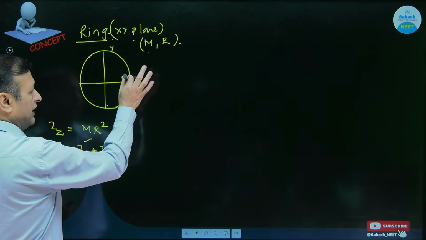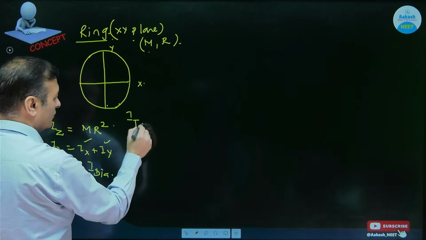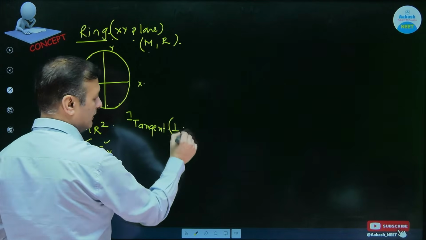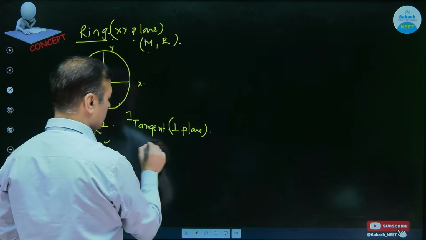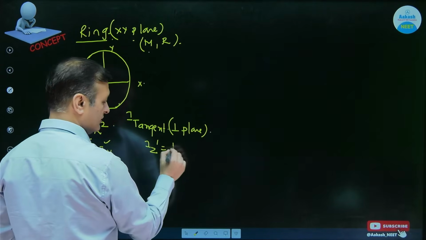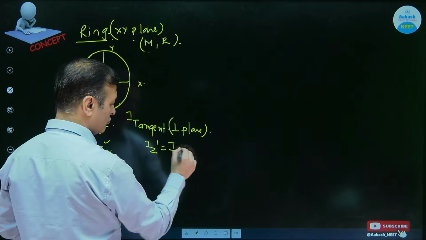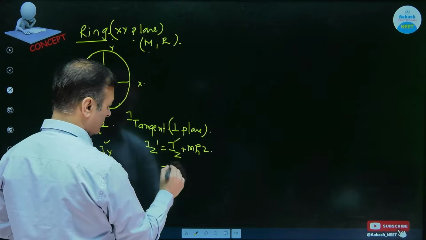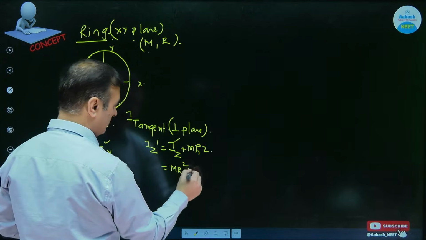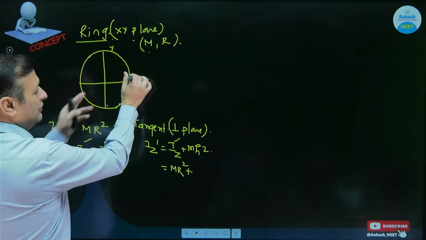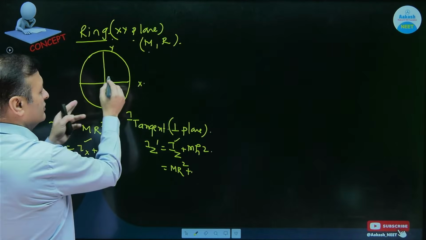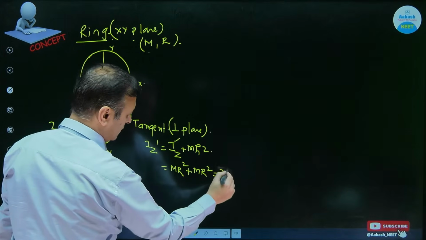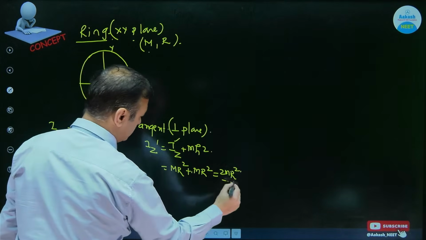Suppose I have moment of inertia about a tangent, and this tangent is perpendicular to the plane. So this is Iz prime, z dash. So this is Iz plus mh square, so this was mr square plus, for another axis which is parallel to this, the perpendicular distance is r only. So that comes out to be 2 mr square.